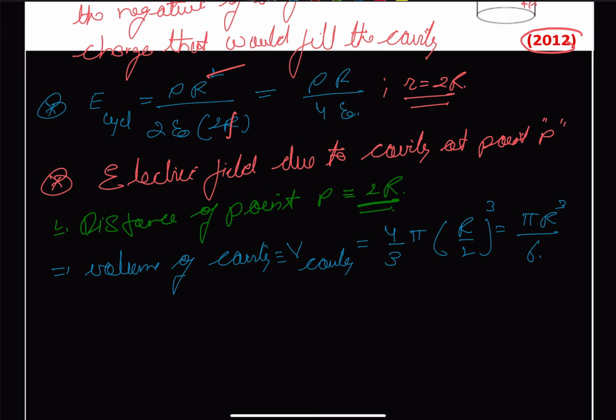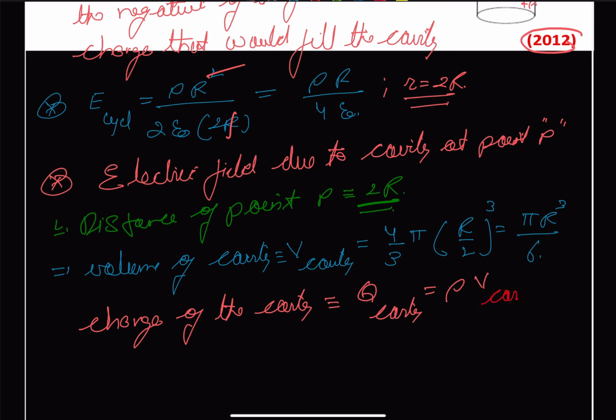Now we can easily find the charge on the cavity. Let us call this Q cavity, which will be equal to the volume charge density multiplied by the volume of the cavity.